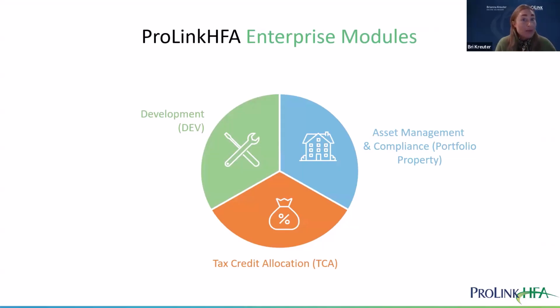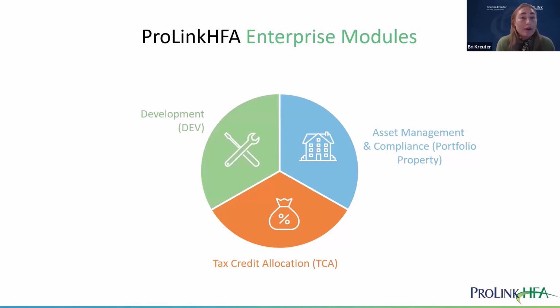This last slide is just a picture for those who are newer to your agency, who've been using ProLink for a while, or not a current ProLinkHFA user. ProLinkHFA is made up of 3 major modules. We have a development module, a tax credit allocation module for those 4 and 9% allocations, and then we have our asset management and compliance module.